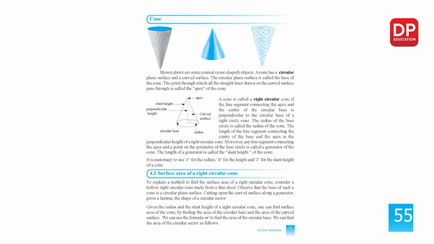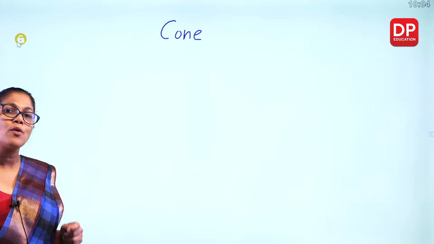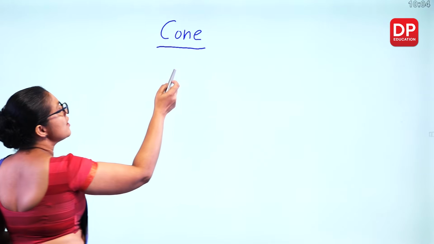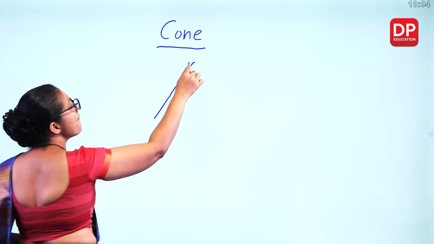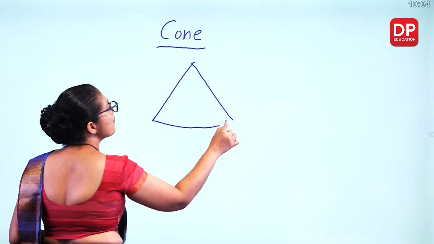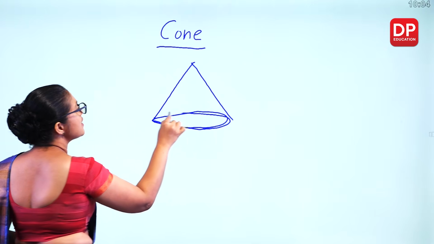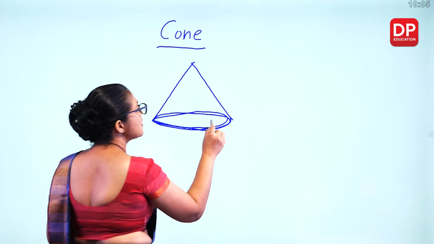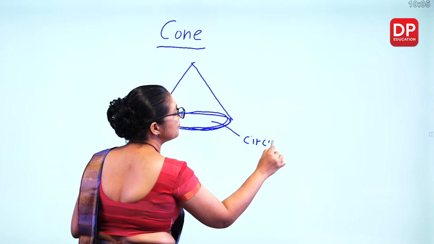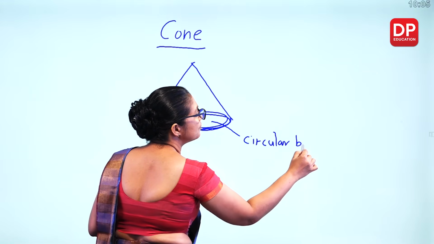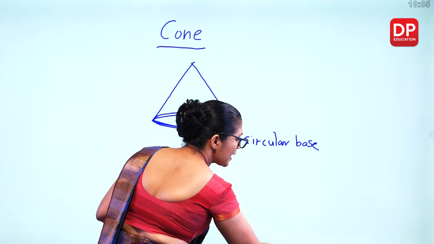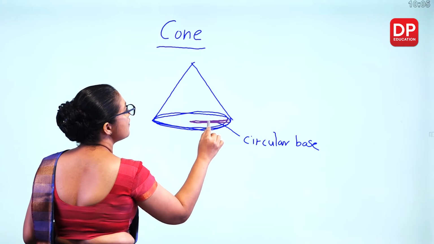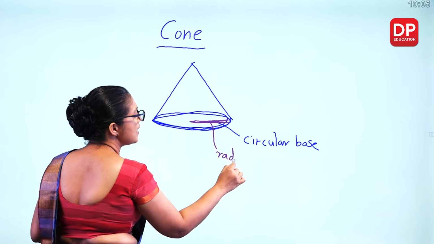Now we'll look at the next solid shape, that's called cone. So do you know about a cone? Here when you draw a cone, you get a circle as the base. So this is a circular base. And we'll take this length as the radius of the circular base.